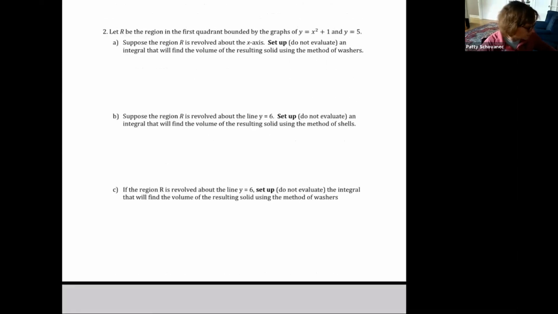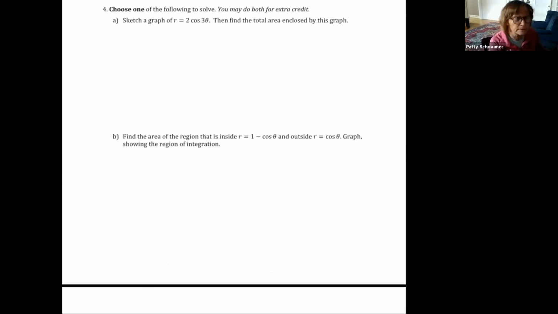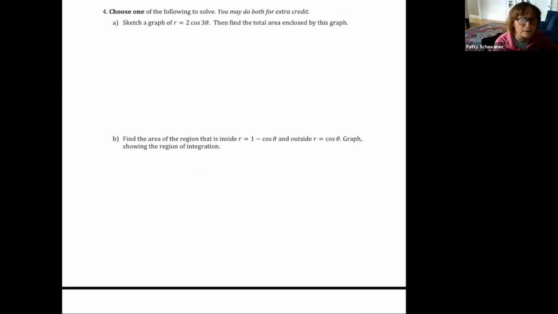One thing I did want to point out is I didn't mean for this problem here to be so difficult. Let me show you what's difficult about problem B of number 4. I'm going to draw this for you, make it pretty big.